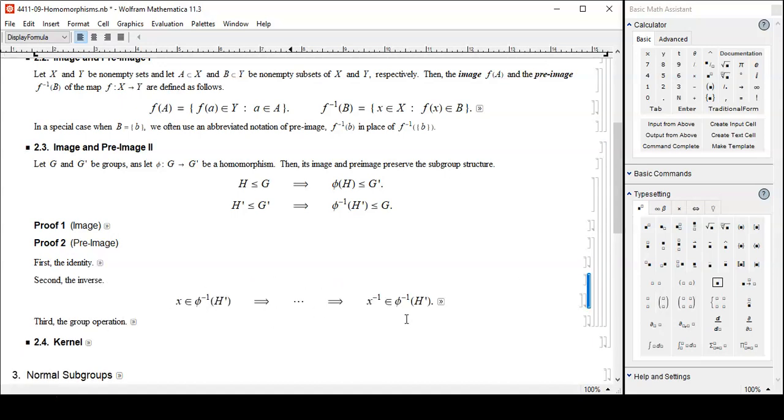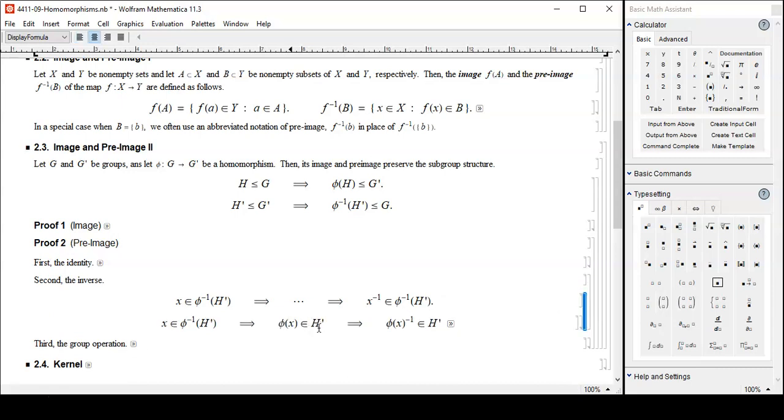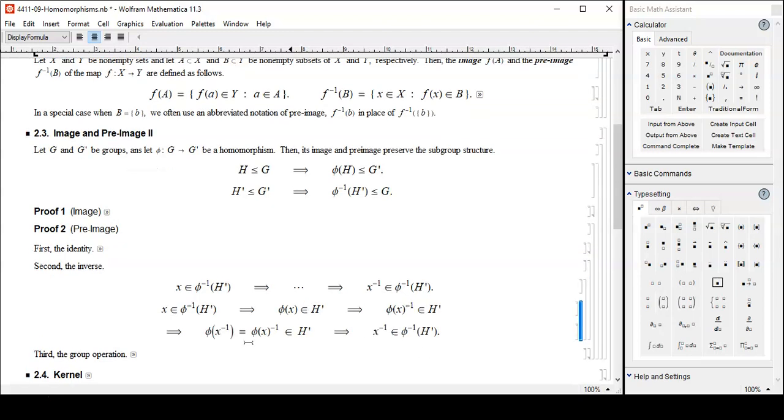Next, the inverse. X belongs to this, x inverse belongs to that, but that means phi of x belongs to H prime. And then that inverse belongs to H prime because H prime is a subgroup. But then again, what is phi of x inverse? Phi preserves the inverse, so that's phi of x inverse.